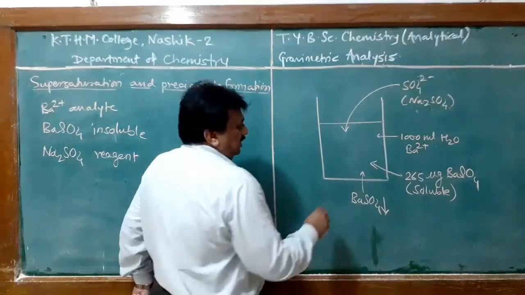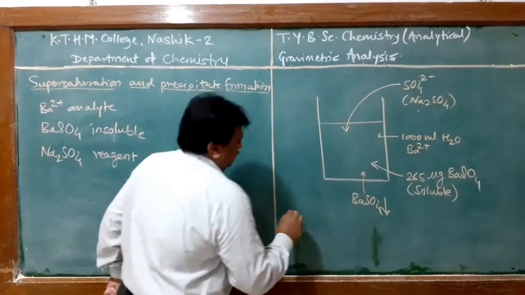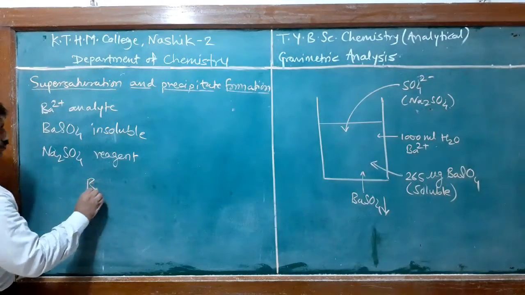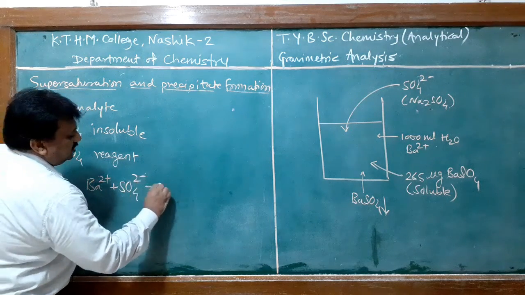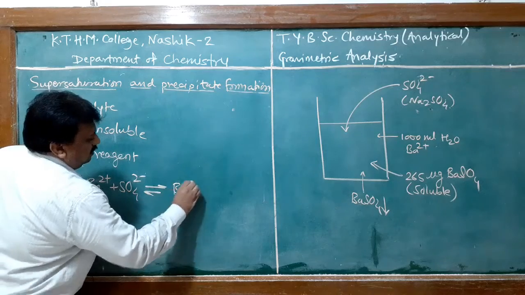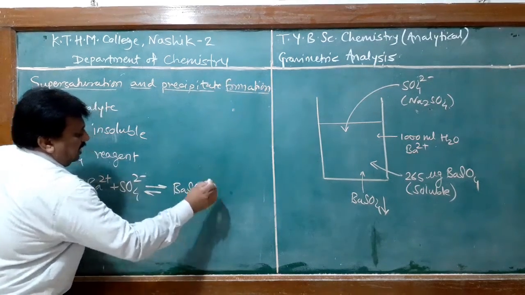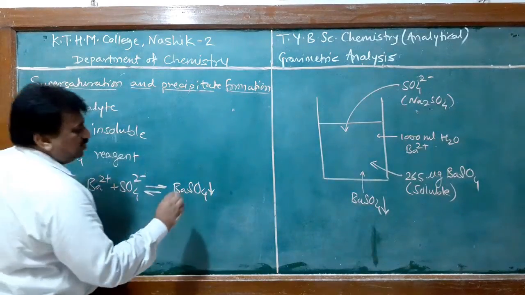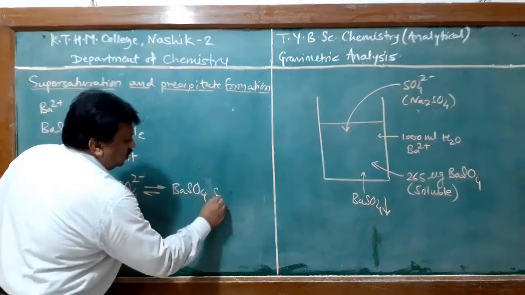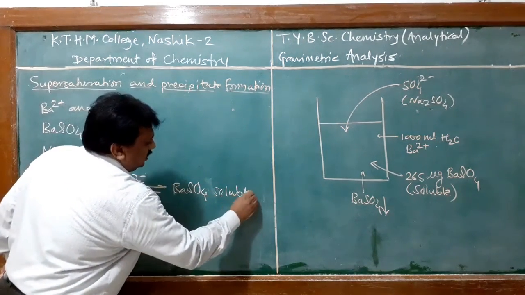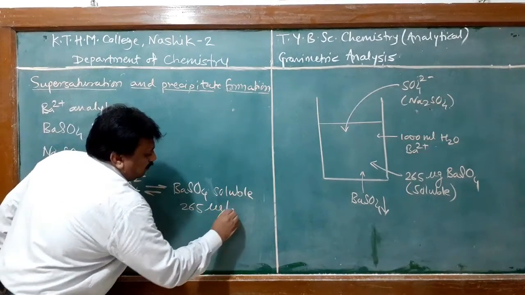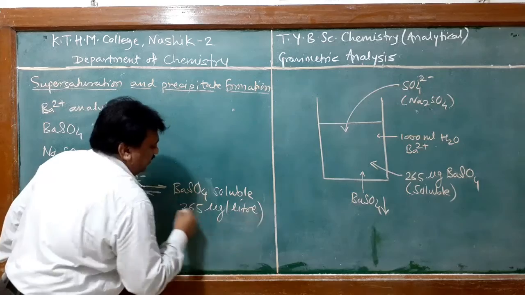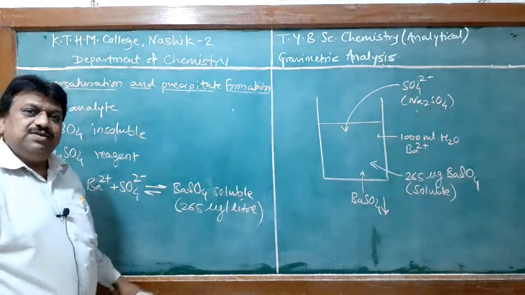That means here, in this case, barium 2 plus ion plus sulfate ion forms a barium sulfate precipitate. And this reaction gives a soluble product when 260 microgram per liter of this barium sulfate is formed.